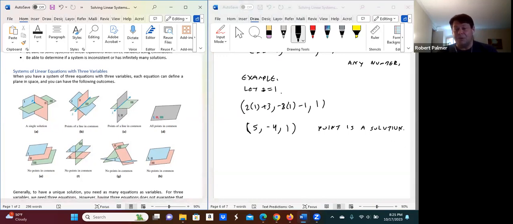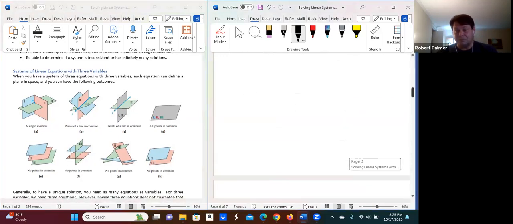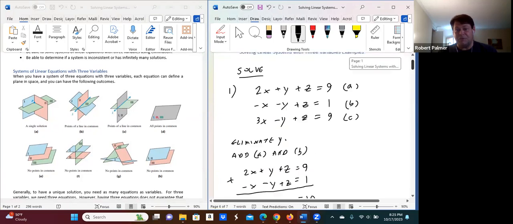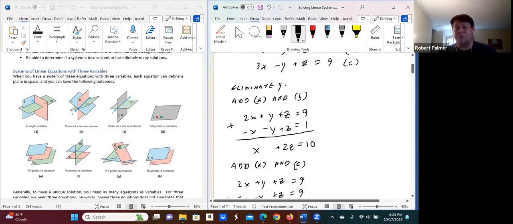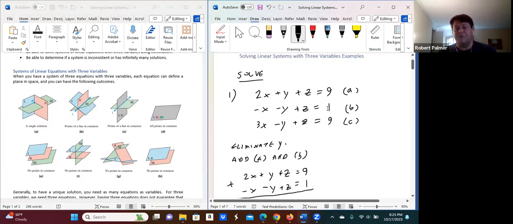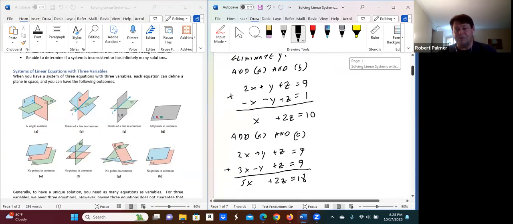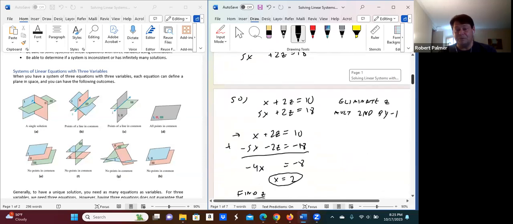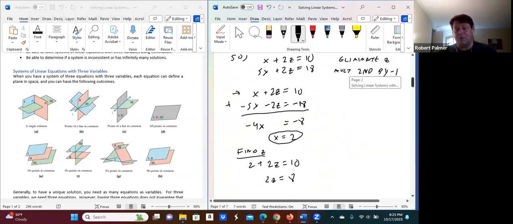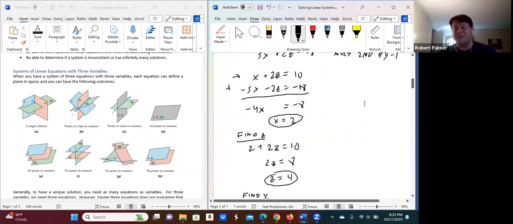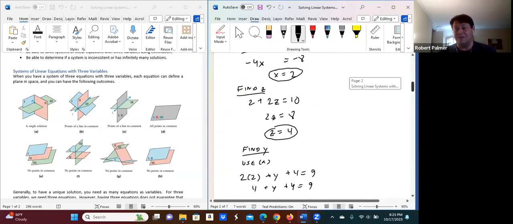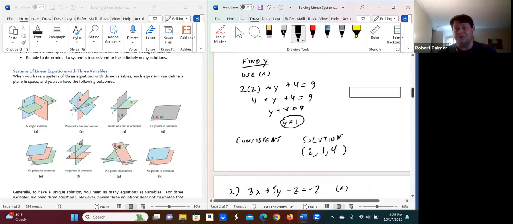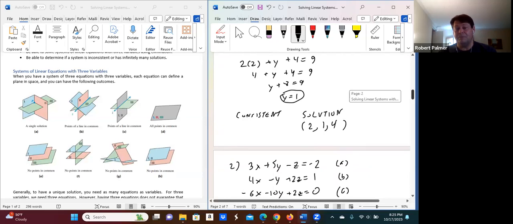So what we did is we used the addition method, the elimination method, to find the solution to the system. It went from a system of 3 equations with 3 variables to a system of 2 equations with 2 variables. Then when it got down to 1 equation with 1 variable, once we got that, we were able to find our x, y, and z. That was a consistent system with just one solution and 1 point.